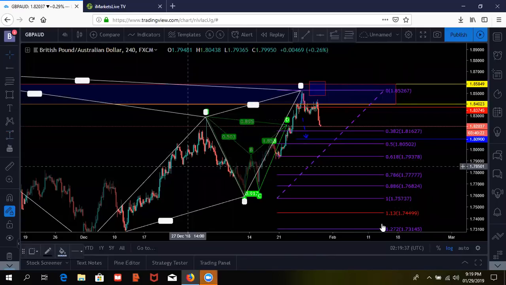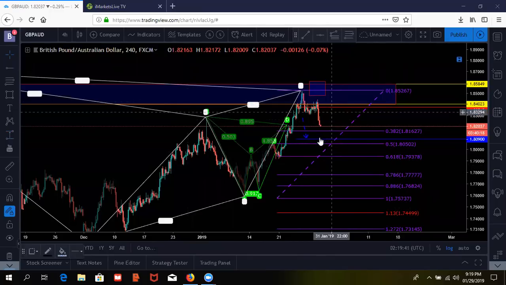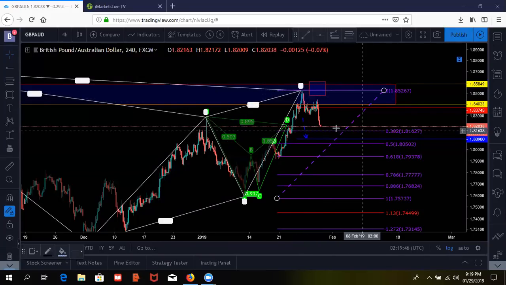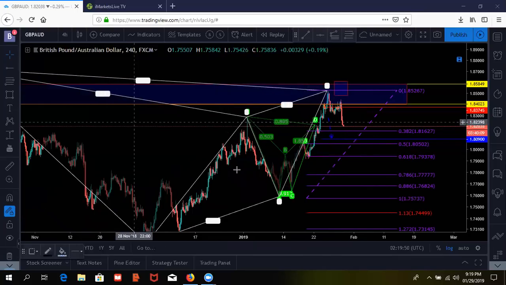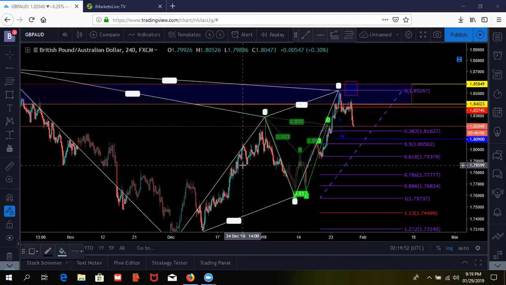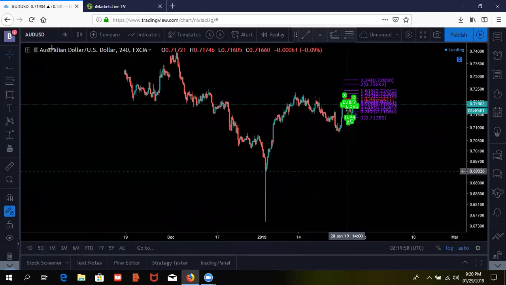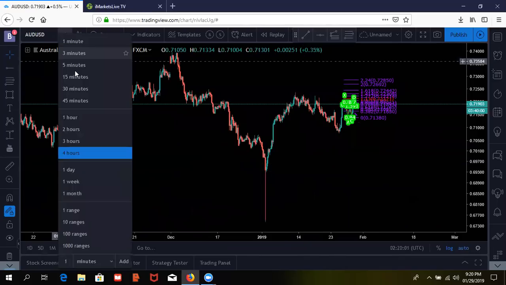Honestly, I could take profit right now and just be happy. That's a 300 pip move off of this right here. Let me go back to AUD USD real quick, back to a lower time frame.